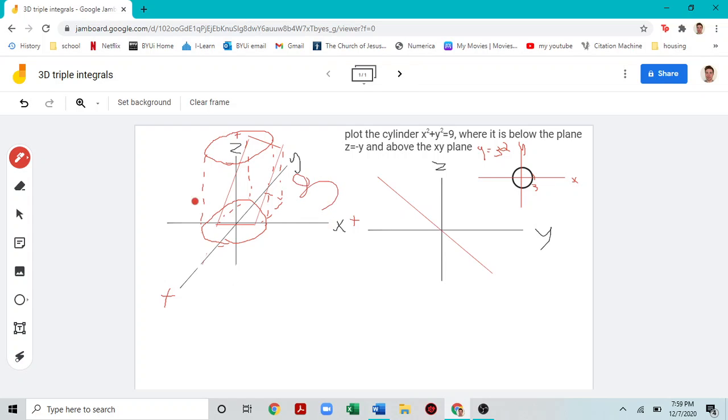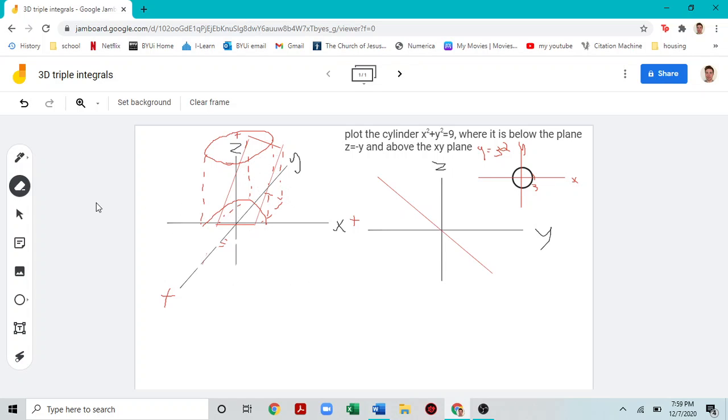So anything over here is included. So that means we can erase this side for the cylinder. Can take this out real quick. So that part doesn't matter. And up here doesn't matter as long as it's under this plane right here.